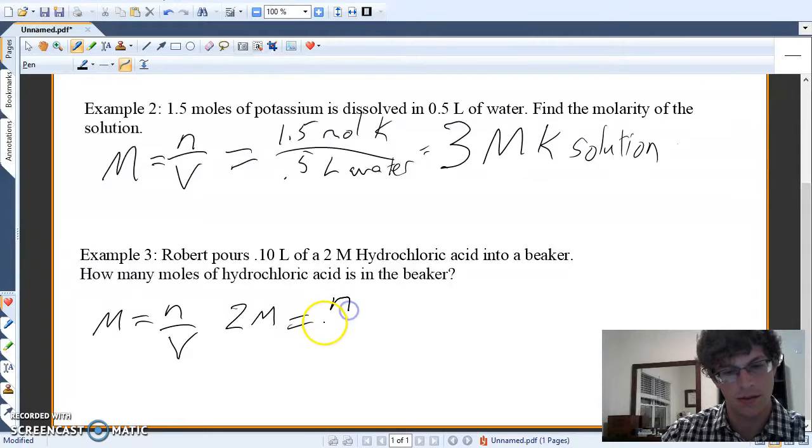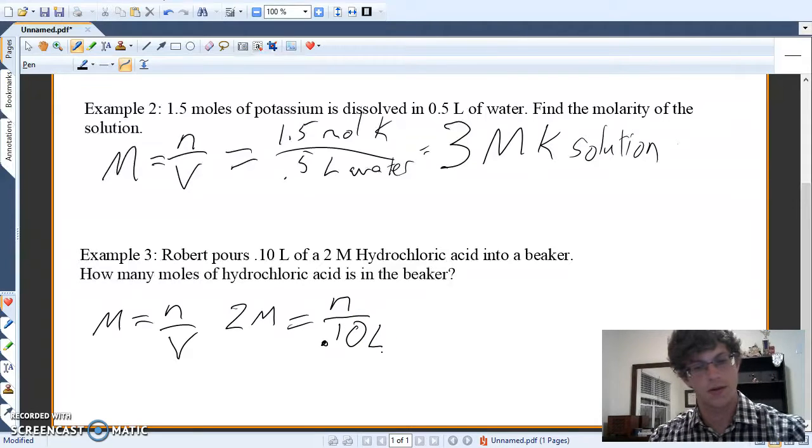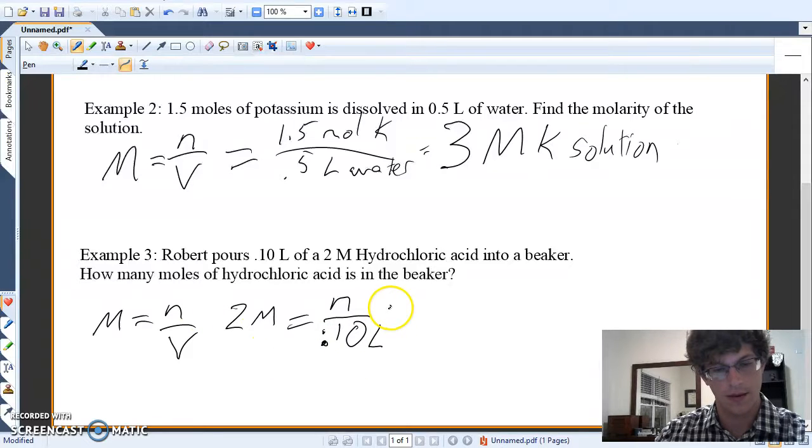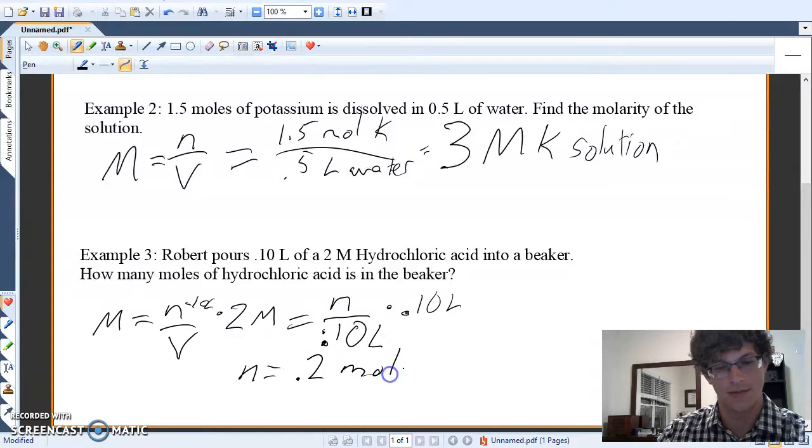We don't know the moles, but we do know the volume. So in order to solve this problem, we need to multiply each side by 0.10. That's how you solve it algebraically. The number of moles equals 0.2 moles of hydrochloric acid.